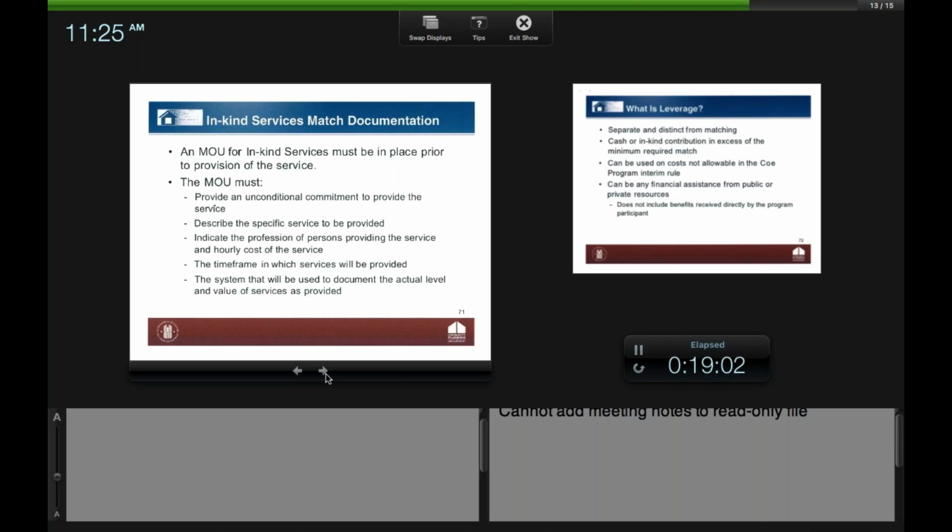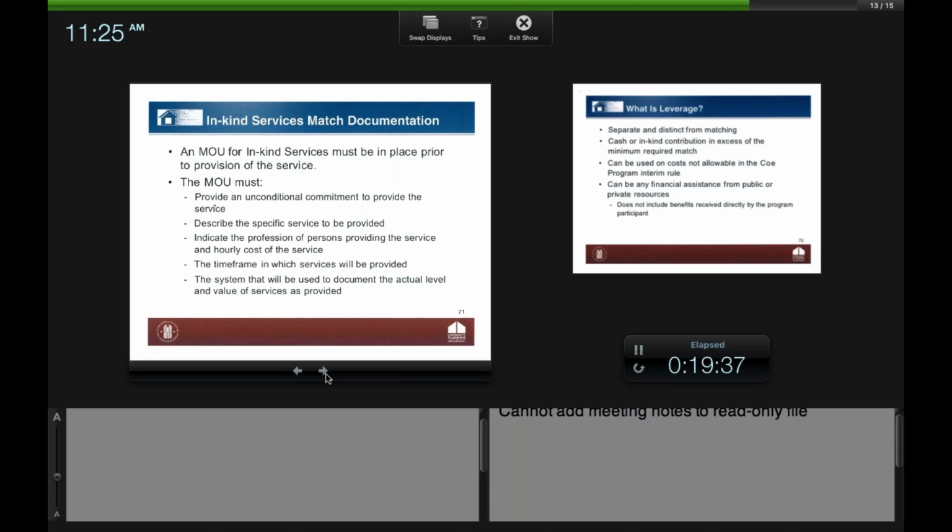And in those instances, the MOU was signed between the housing provider and a support service provider in an equal amount of the grant. In these CoC grants, the 25% is sufficient. However, if you commit above 25%, then you've created an obligation for yourself, and you must evidence that as you track your match activities.